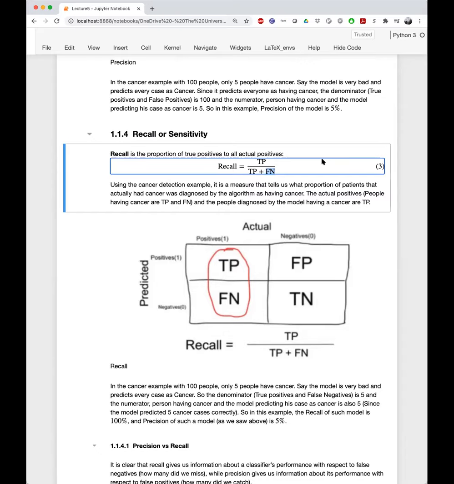That means you didn't catch those positive cases. If recall is 100%, that means false negative is equal to 0, so you caught all of the positive cases. If recall is low, that means there are many cases you didn't catch, and you have a lot of false negatives.